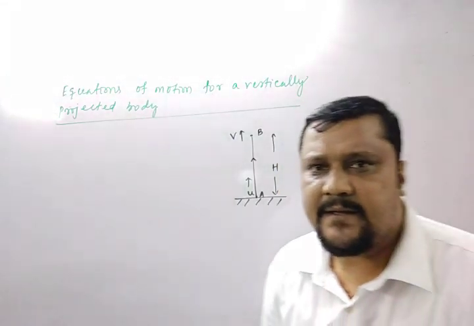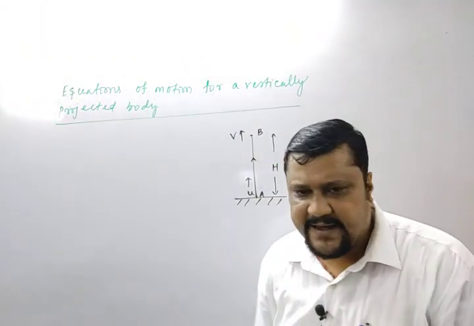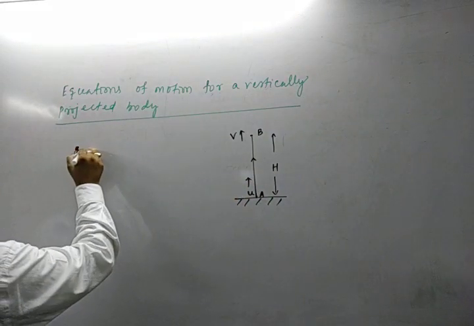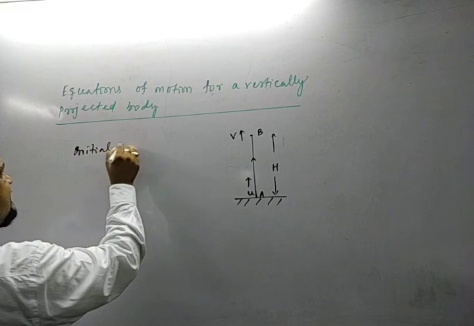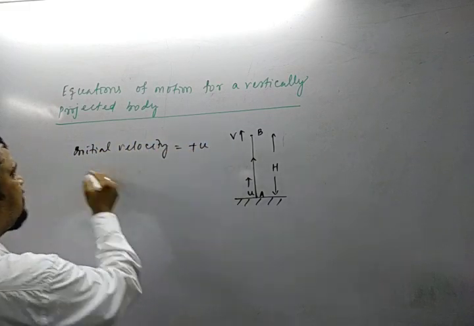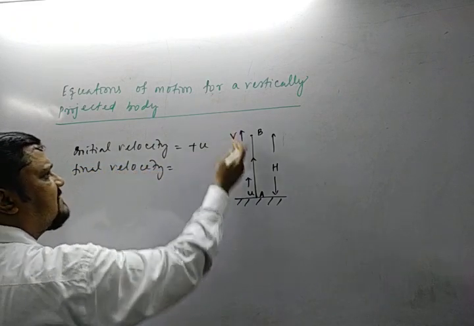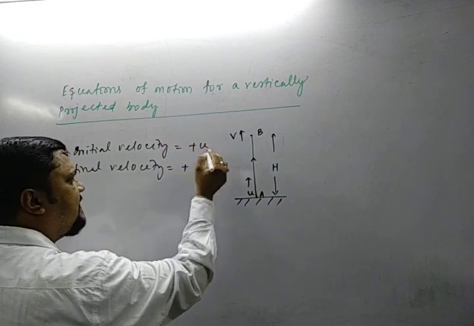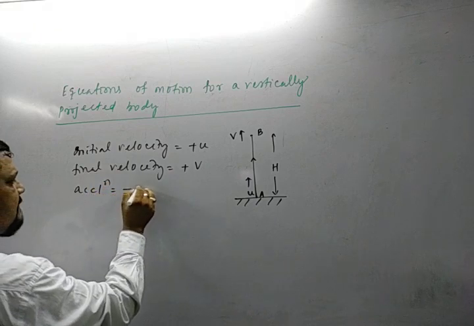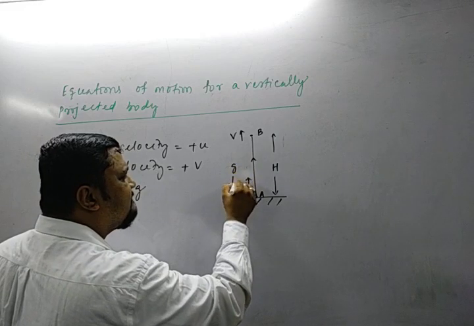So now you apply the equations of kinematics. What will be the initial velocity? The initial velocity is plus u, upward. The final velocity, since the body is going up, is plus v at that point B. Acceleration is minus g, always minus g, because g is always downward.